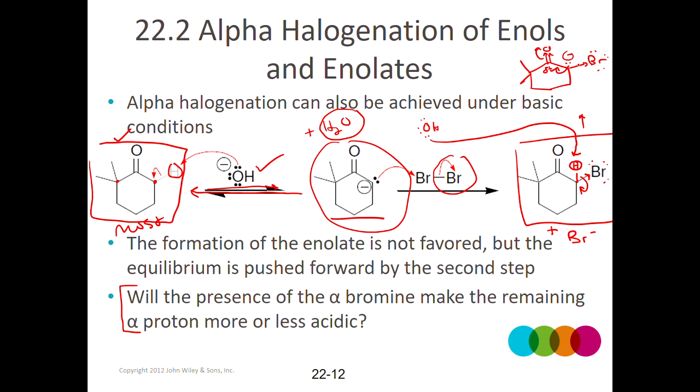And it will start reacting to form this enolate, and then that enolate will react with another bromine. And so that will produce a side product that you can't stop, because the first product is more reactive than any unreacted remaining initial reactant. So what happens is a lot of the product gets converted into this other substance.